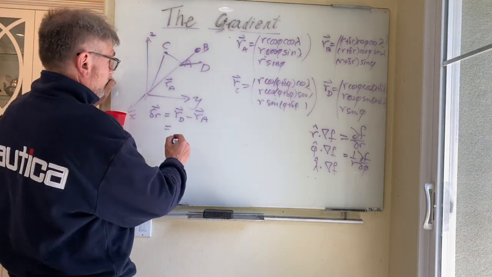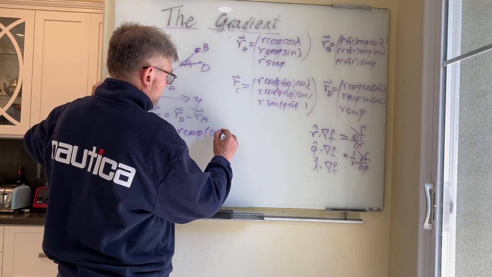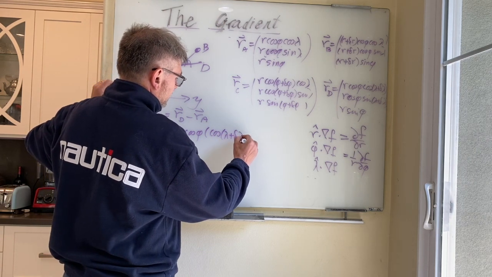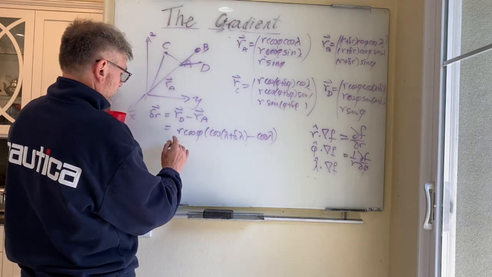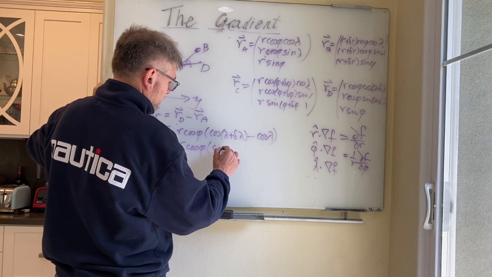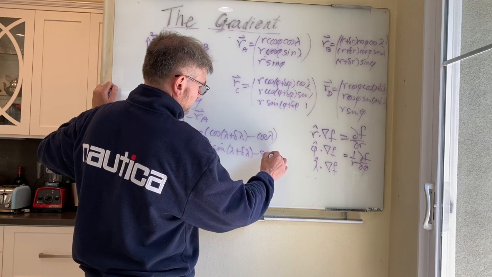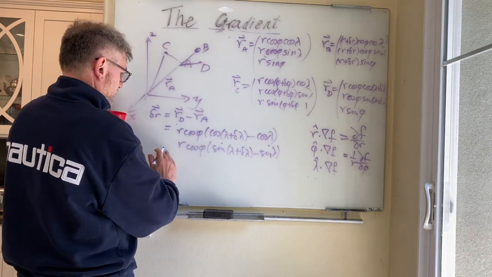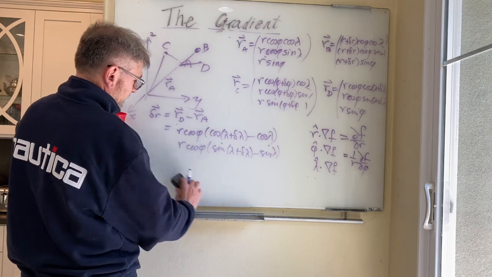So if I take the difference, I will get r cos phi times cos of lambda plus delta lambda minus cos lambda, r cos phi times sine of lambda plus delta lambda minus sine lambda, and r sine phi minus r sine phi. Oh, no, just 0. Sorry, the last component is just 0.